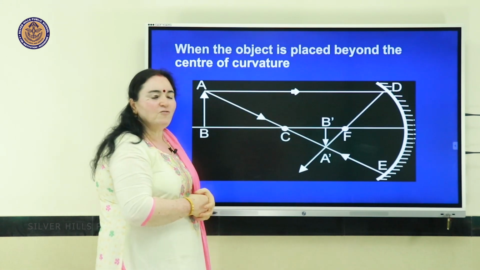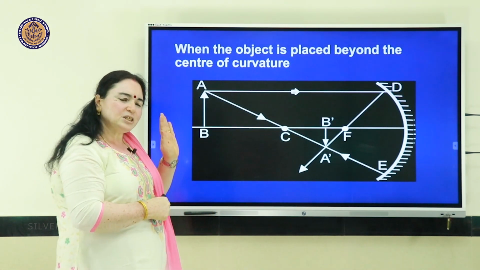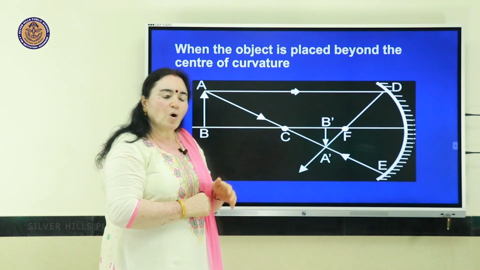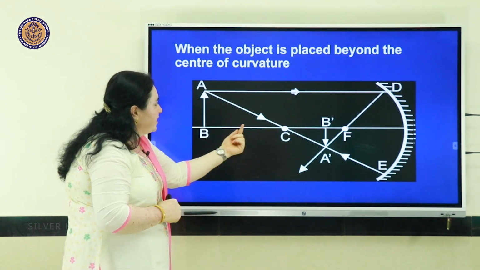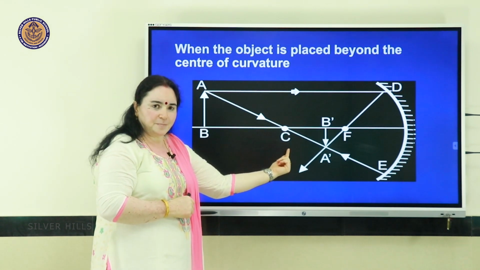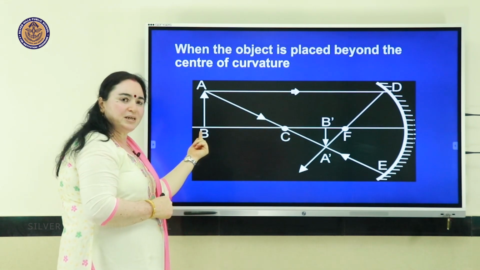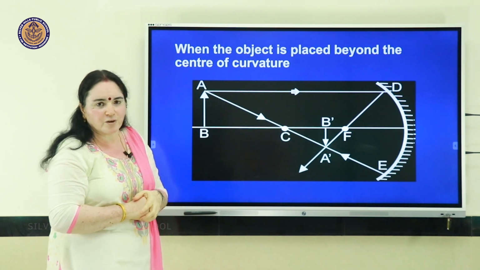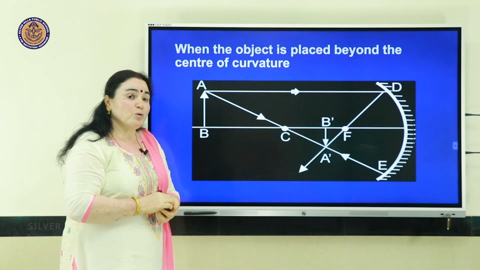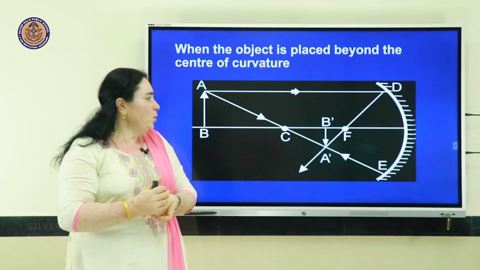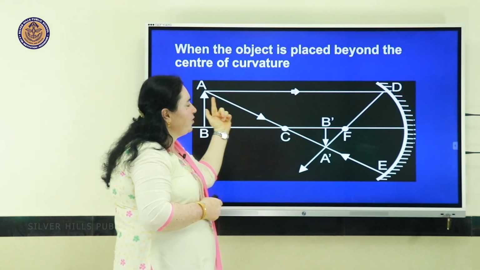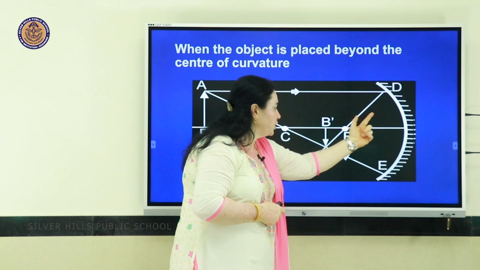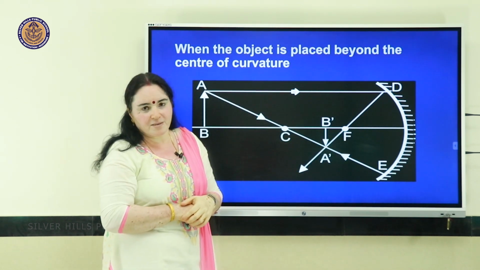Next, if I bring that object a little more closer to the mirror, or a little more closer to my center of curvature. So, my center of curvature point lies here and I have kept my object a bit far away from the center of curvature. Again, I am going to use two rules over here. I have my first rule here in place, the parallel ray of light after reflection passes through the focus.